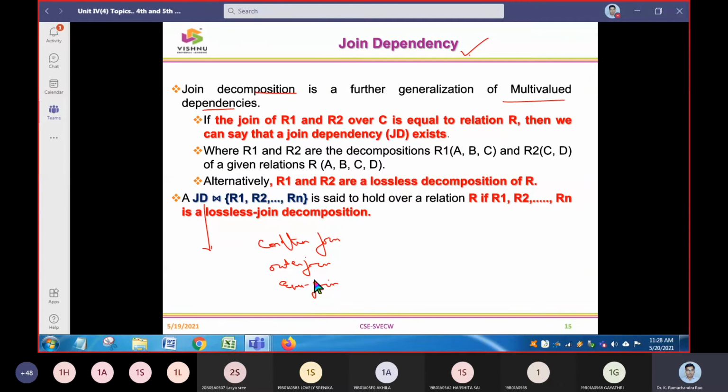These are the three types of joins. In all these joins, if the data is not fitting, we impose a value called null. Why do we put the value as null? To support lossless decomposition. In any case, the record should not be lost. If there are missing values, you put the missing values as null.